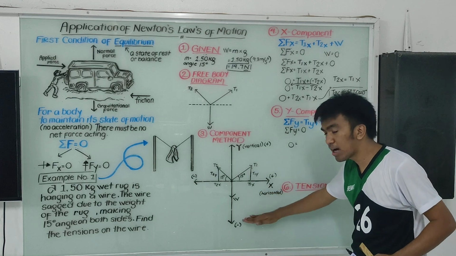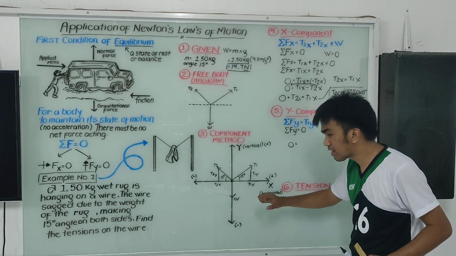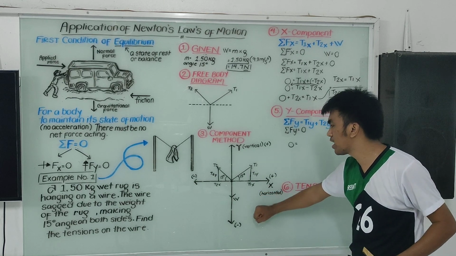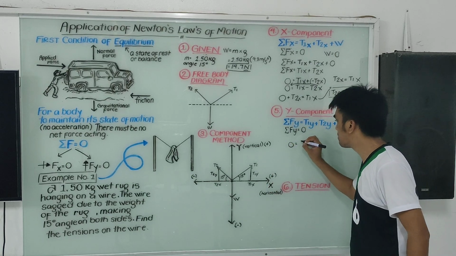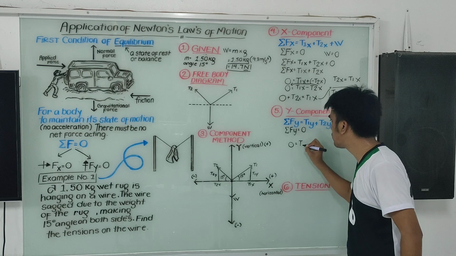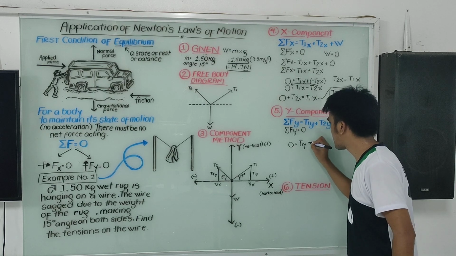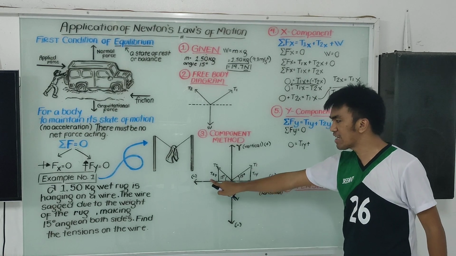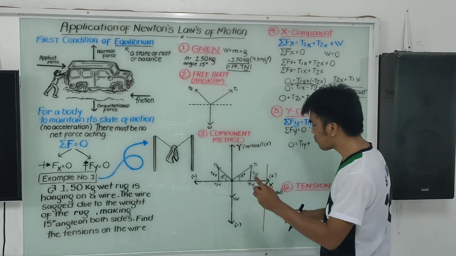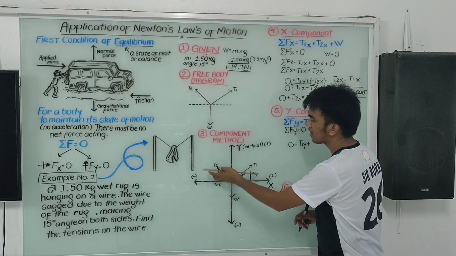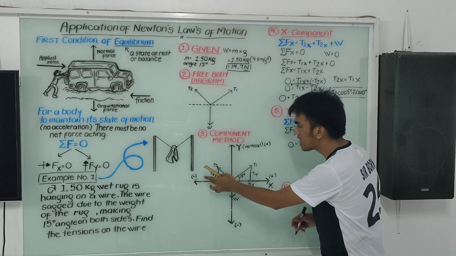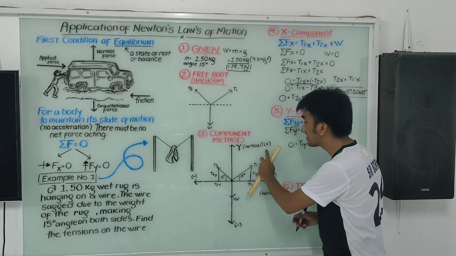Pag nasa baba kasi, if y is located below, the sign will be negative. Since T1y is located here, it's positive. So positive T1y plus, what is the sign of T2y? Same with T1y, because T2y is located on this side and y here is also positive.